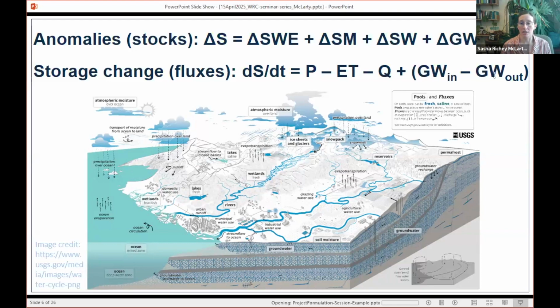When we talk about storage changes, it's a length per time, so centimeters per month, feet per month. So depending on what data you have, you can kind of play around with these equations in different ways. So then the GRACE observations would be equivalent to the total water storage change over some time period, or the anomaly in total water storage if you're working with stocks.